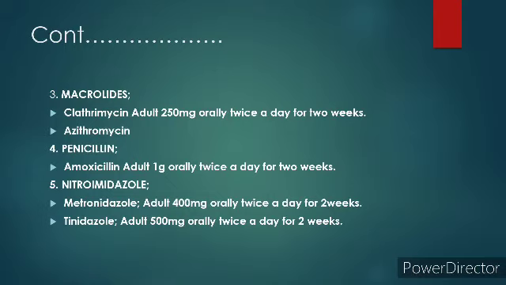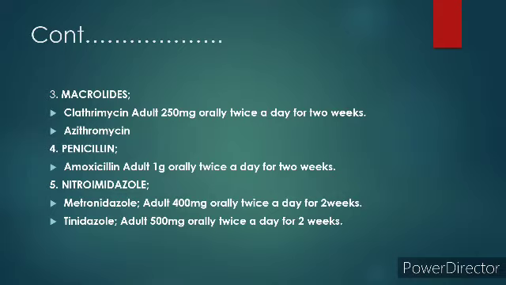Then the other class of drugs we give are the macrolides. In the macrolides we have many drugs, but I picked those which are commonly used in the treatment of PUD.